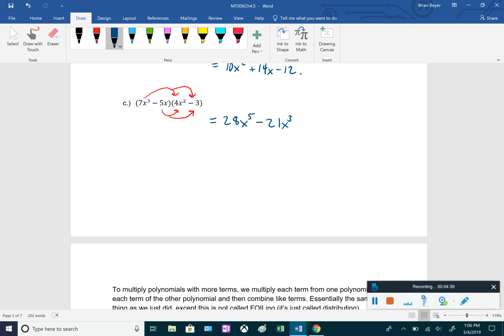Then distribute the negative 5x. Negative 5x times 4x squared is going to give us negative 20x cubed. Negative 5x times negative 3, positive 15x. So combining those middle terms, we get negative 41x cubed. So there's our final answer.